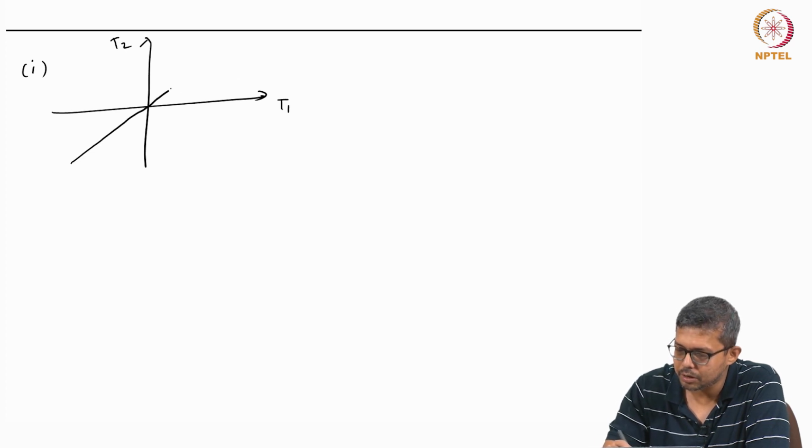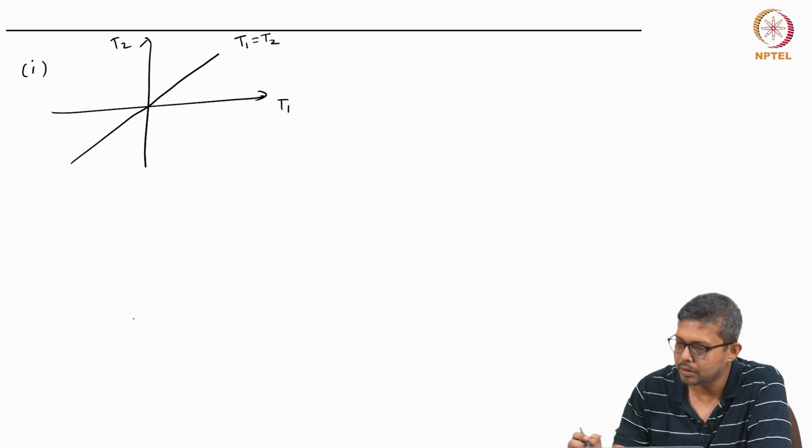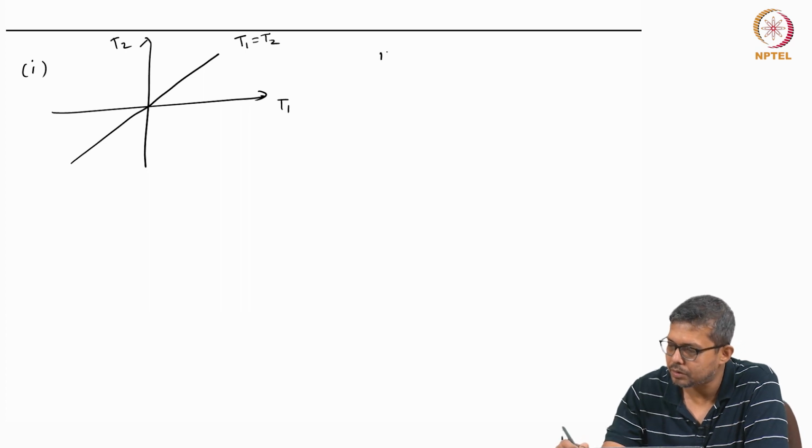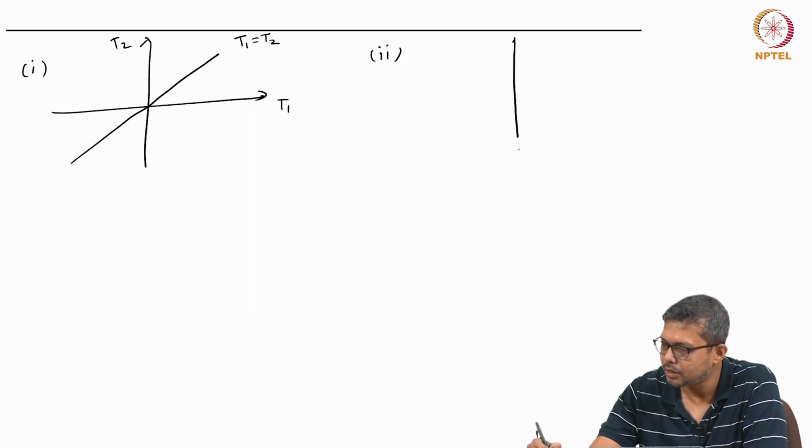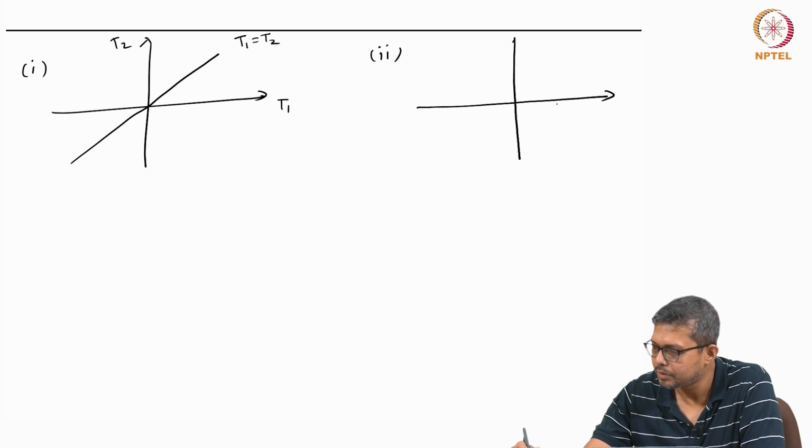Take the line T1 equal to T2. This is an example. And take the union of the two axes, so this is T1 T2 equal to 0.